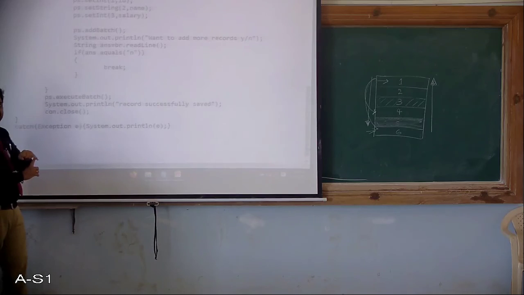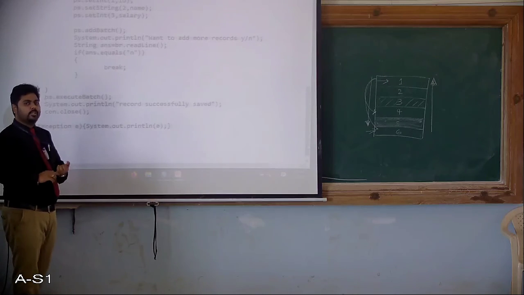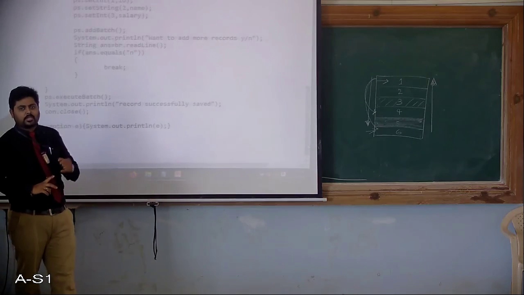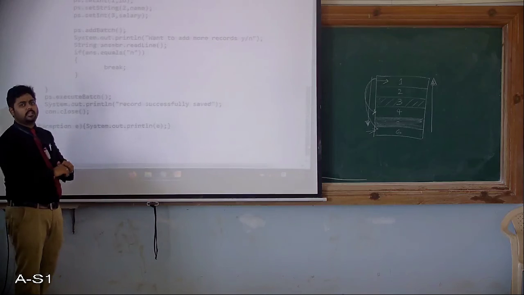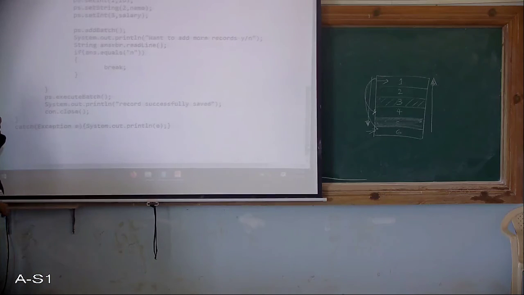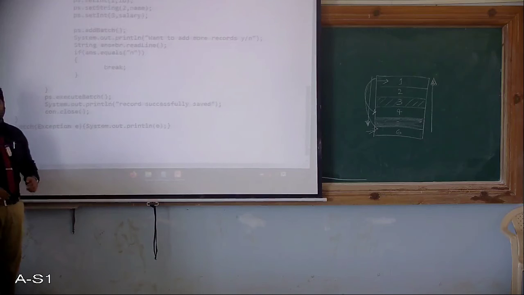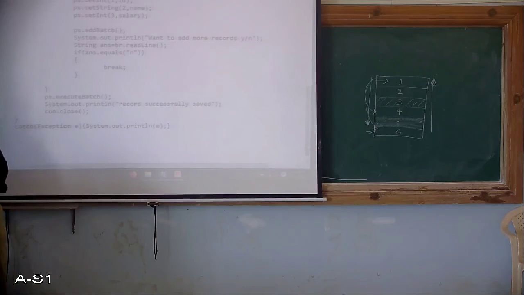So the addBatch method is used to add the SQL queries to the batch, and the executeBatch method will execute all the queries in that batch at one stretch. Then you close the connection. So this is how the execution of the batch works.